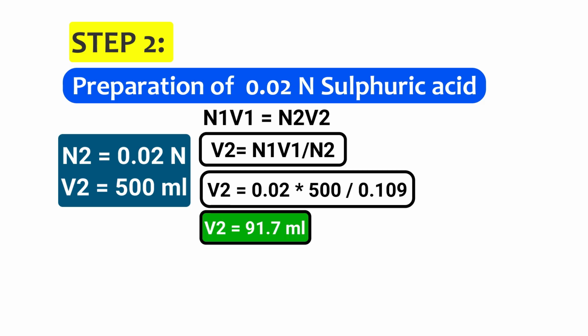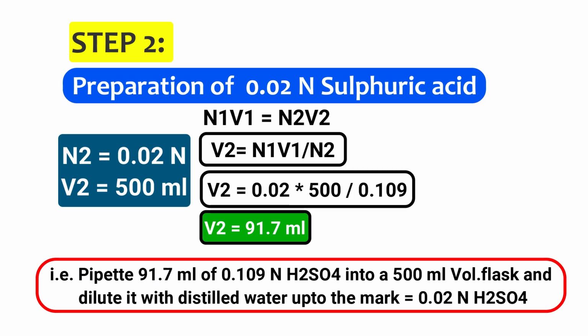This means that we have to pipette 91.7 ml of 0.109 normality sulfuric acid into a 500 ml volumetric flask and dilute it with distilled water up to the mark. And the final solution that we'll obtain is the 0.02 normality sulfuric acid.